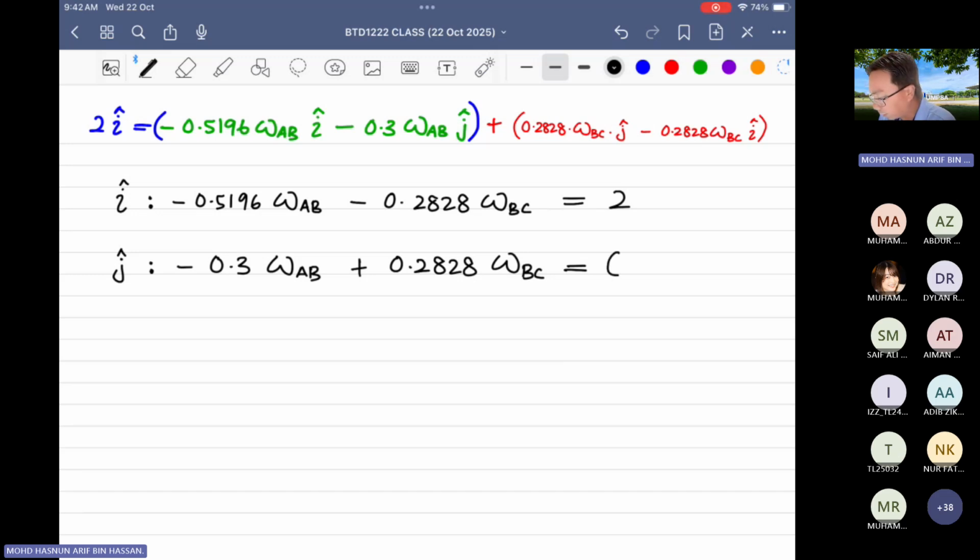So therefore you write down 0. Okay, so this is where we need to solve simultaneous equation.